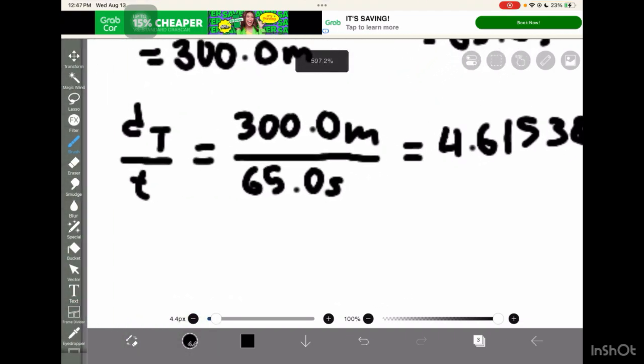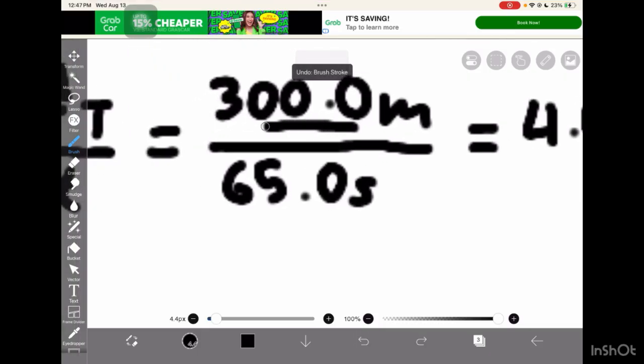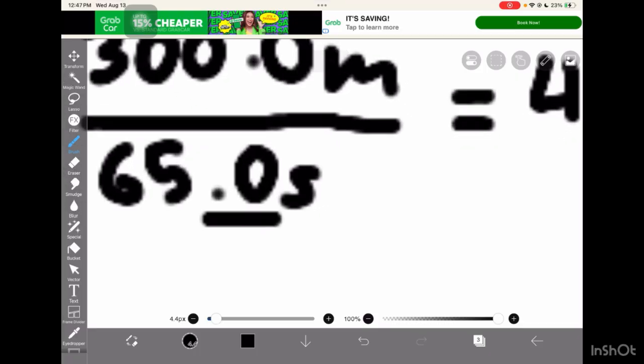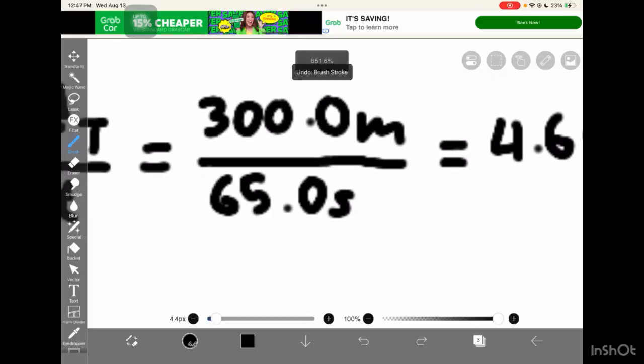Recalling significant figures, we have 4 significant figures over here and 3 significant figures over here. Remember, this is 4 significant figures because of the decimal point over here, so all of these zeros are significant. Same thing here, this zero is significant because we have a decimal point over there. So we have 4 significant figures on top and 3 on the bottom.